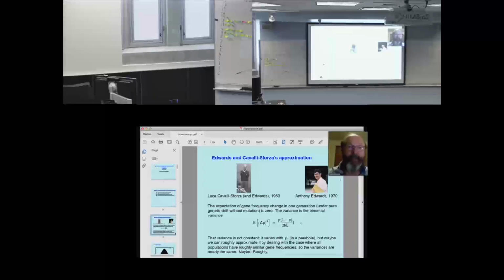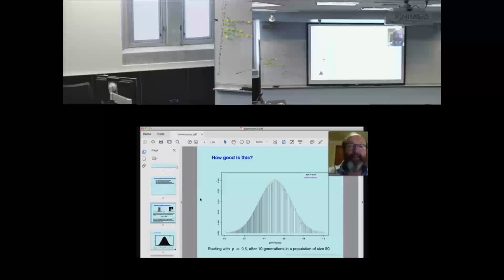It dies away to 0 as you get to loss of the allele, and at the other end, it dies away to 0 as you get to fixation of the allele. So you have a non-constant variance, which the Brownian motion process that you're using to approximate gene frequency change doesn't have. It has constant variance, and that's part of the reason that it turns out to be tractable.